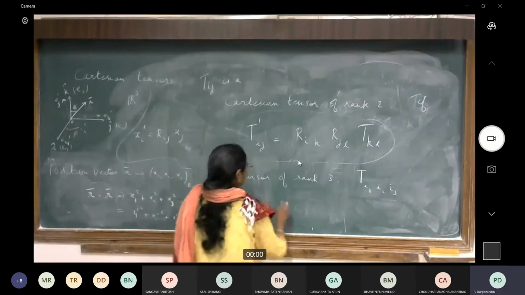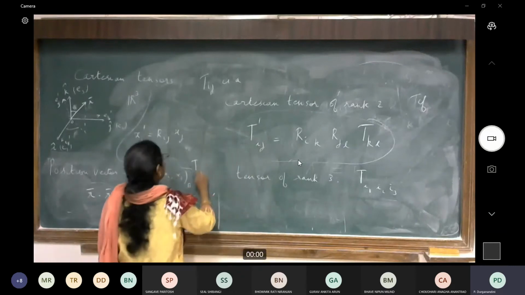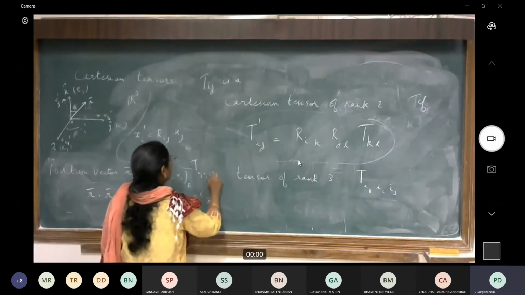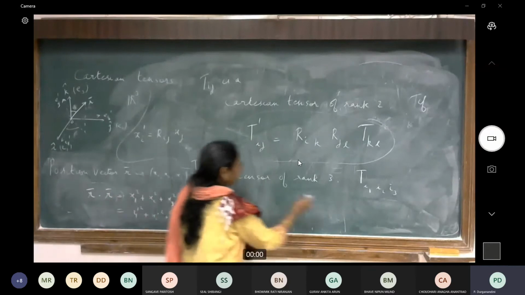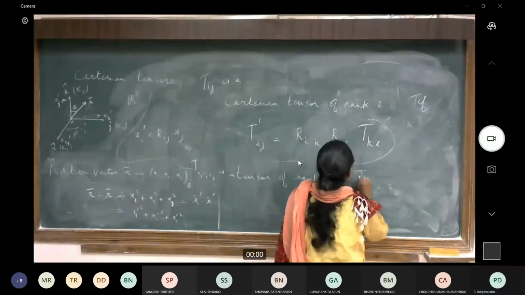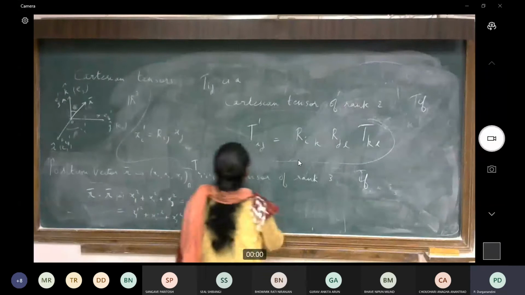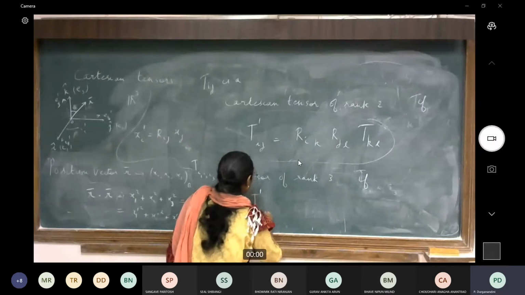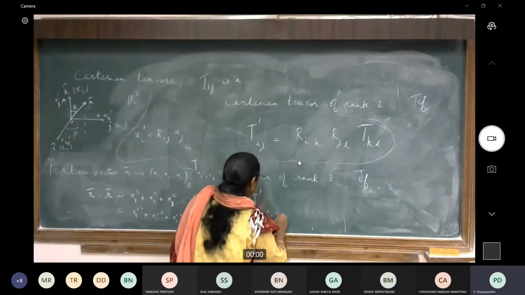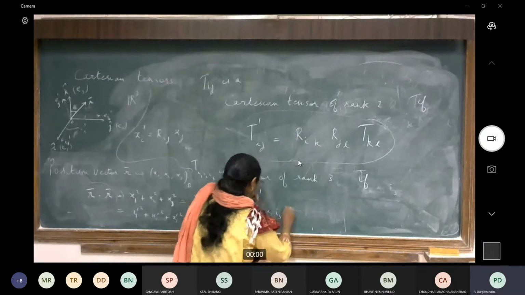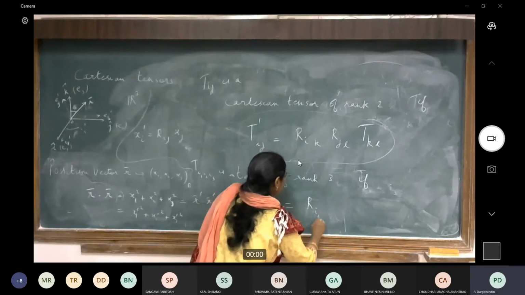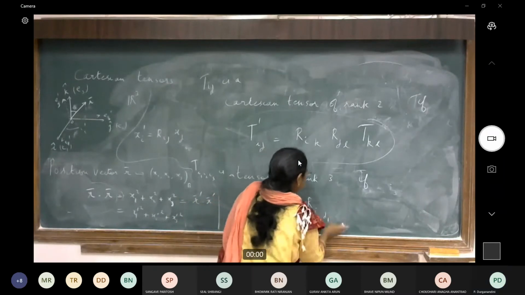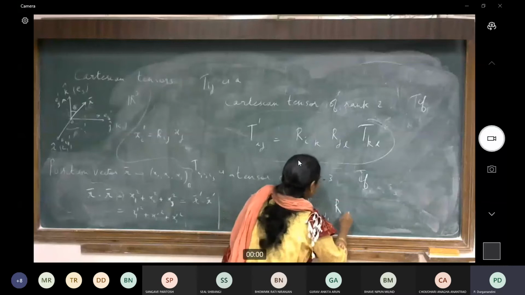So I will write like this. Ti1, i2, i3 is a tensor of rank 3 if under the rotation transformation, now I will require 3 R's.